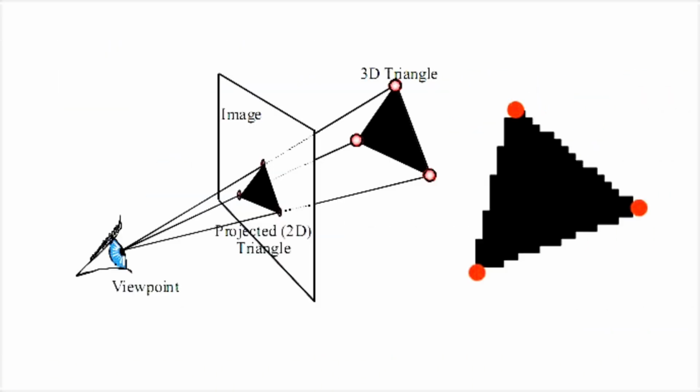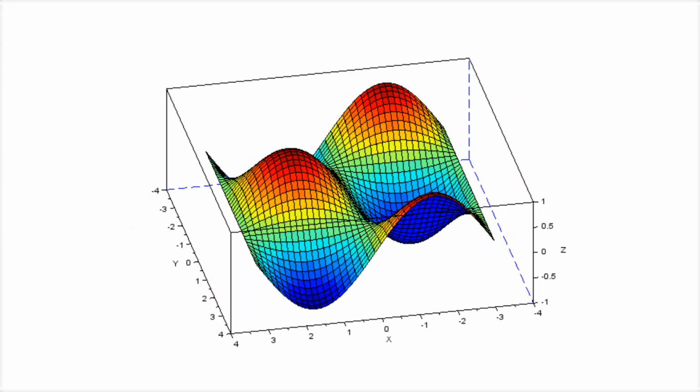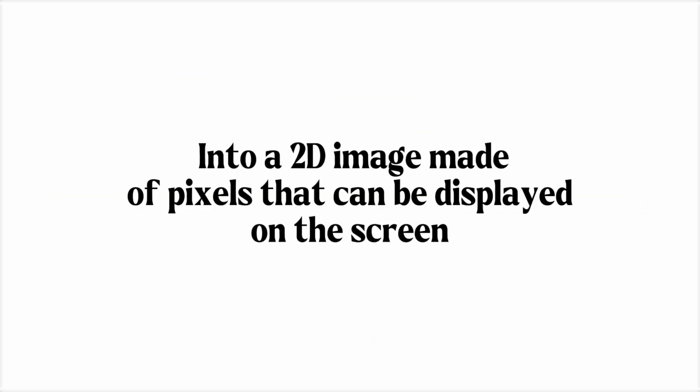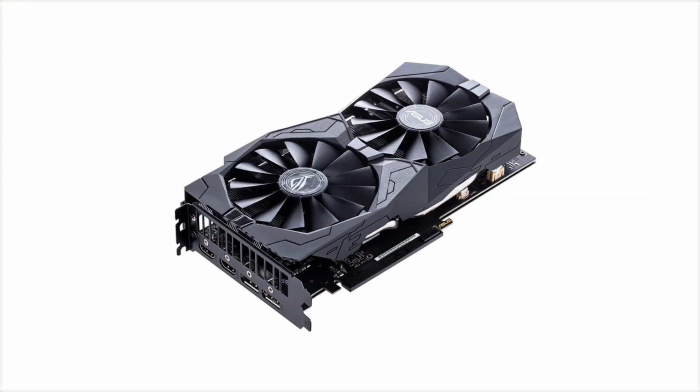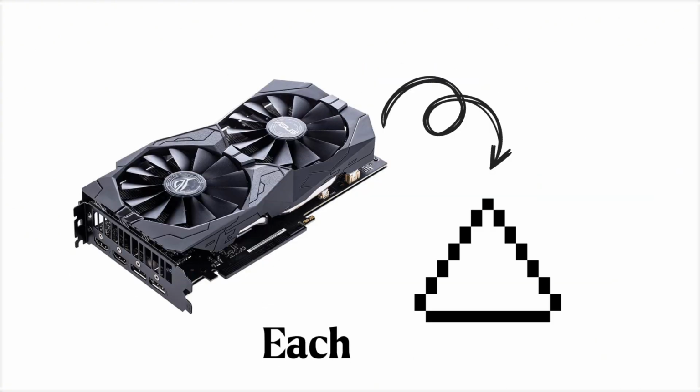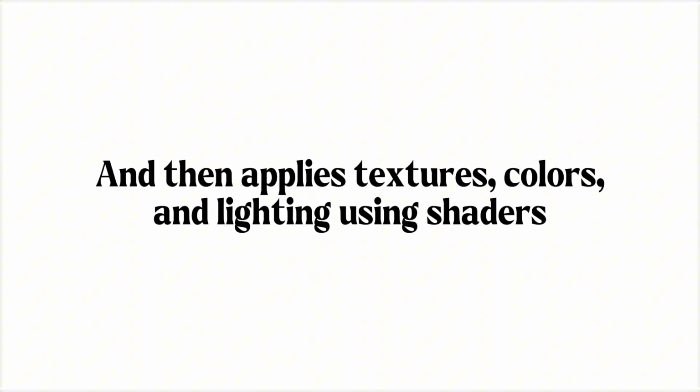Rasterization. Rasterization is the traditional method used by GPUs to render 3D graphics in real time. It works by converting 3D objects made of polygons into a 2D image made of pixels that can be displayed on the screen. During this process, the GPU determines which pixels belong to each triangle and then applies textures, colors, and lighting using shaders.